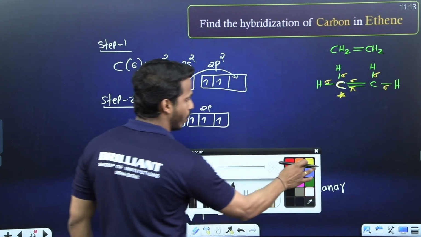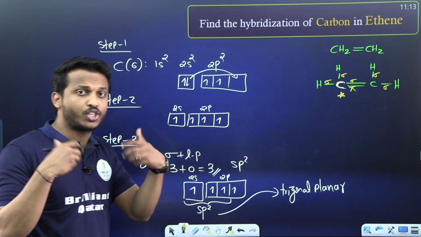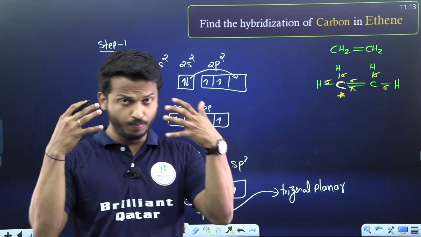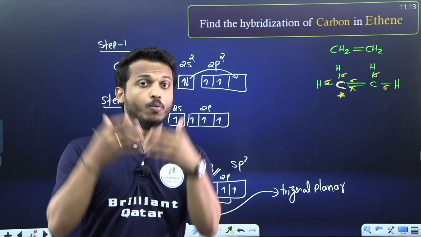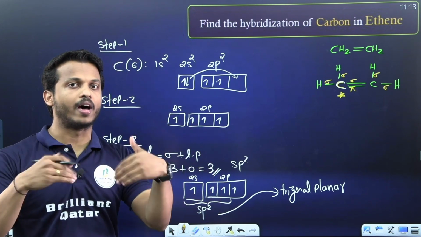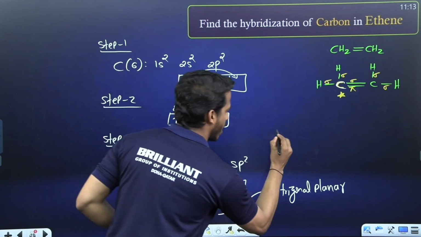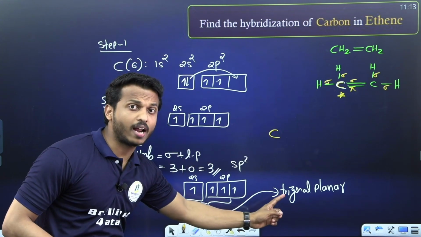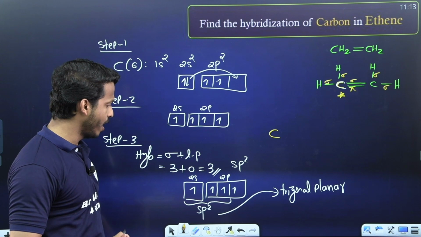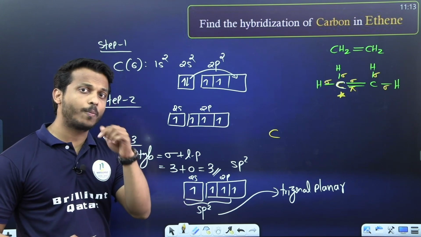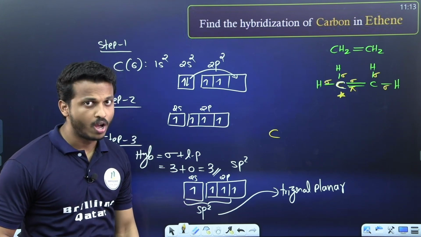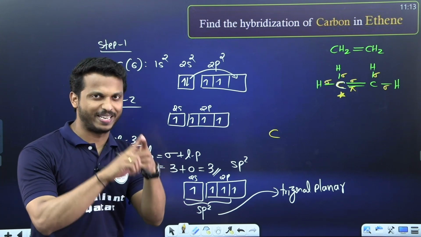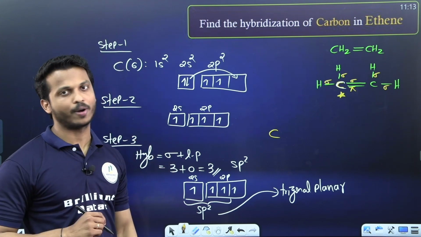sp2 means trigonal planar. So when you draw the shape of this molecule, when you write the overlap diagram, maintain the trigonal planar structure and draw it once again. This carbon, what is the structure? Trigonal planar. How many sp2 orbitals are formed? We know how many atomic orbitals are mixing; an equal number of hybrid orbitals form.